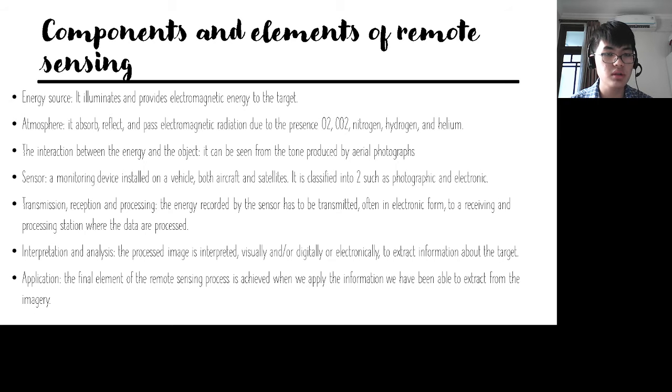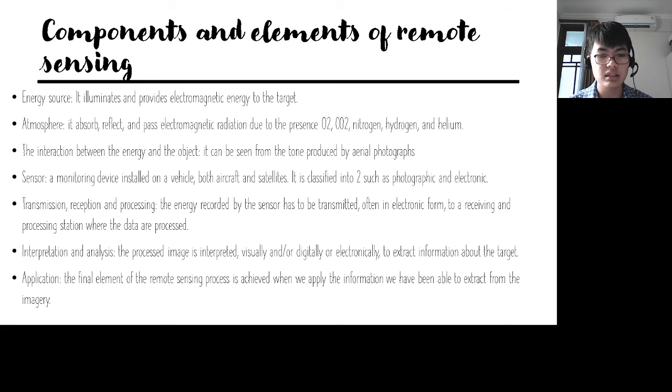Sensor, a monitoring device installed on a vehicle, both aircraft and satellites. It is classified into two, such as photographic and electronic. Transmission, reception, and processing. The energy recorded by the sensor has to be transmitted, often in electronic form, to a receiving and processing station where the data are processed.